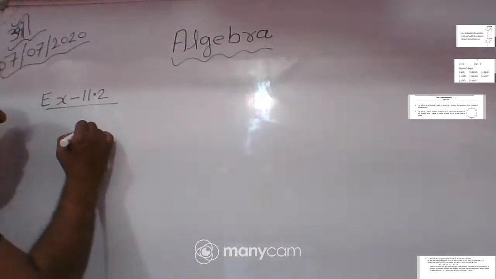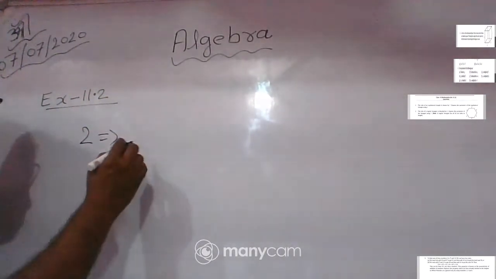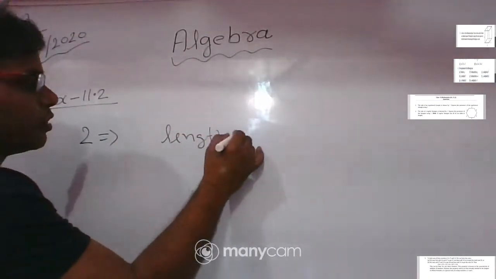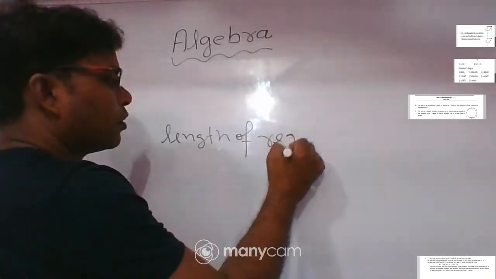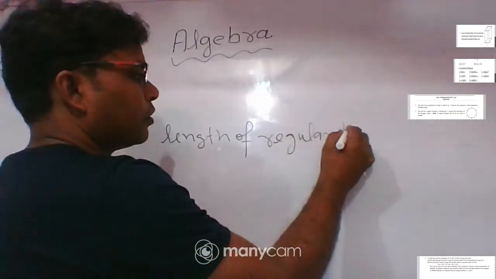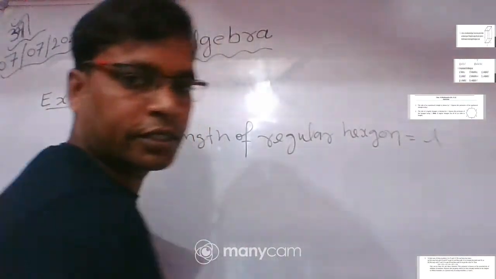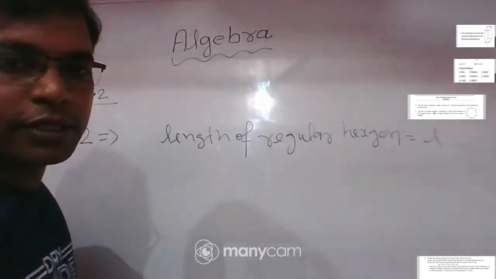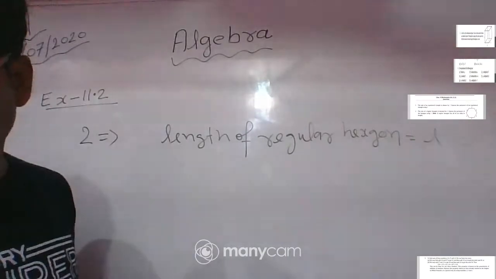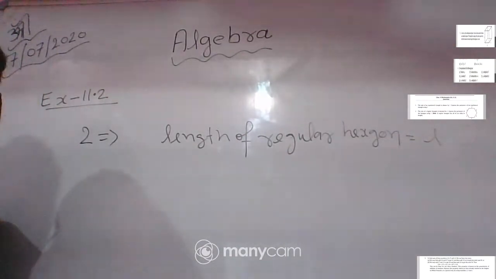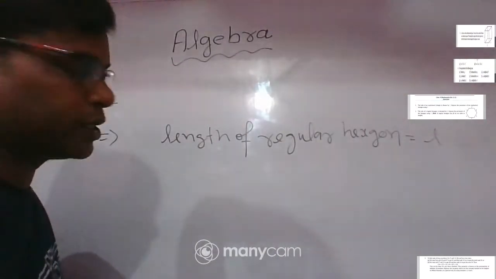Question number 2. Okay. Length of regular hexagon side is equal to L. This is given. So you find perimeter of regular hexagon.